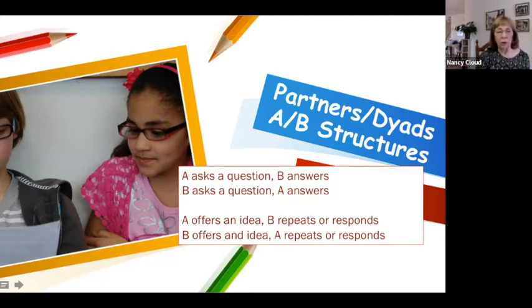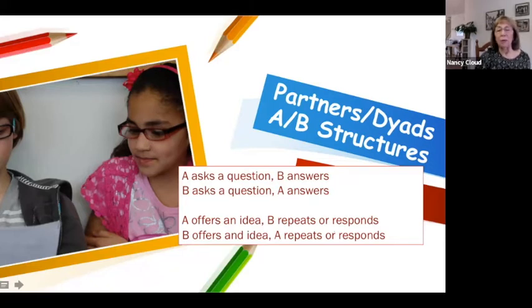Or alternatively, they make a whole list of ideas, the type of destruction caused by hurricanes. And this kid shares one of his ideas with student B, and B then responds to the idea that was shared. Oh, I never thought of that. Oh, so you're saying, oh, I wrote that too. So whatever they're going to say back. And then this kid offers an idea to that kid, and this kid has to respond.